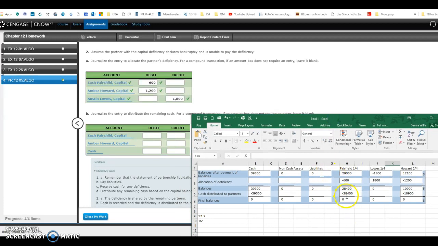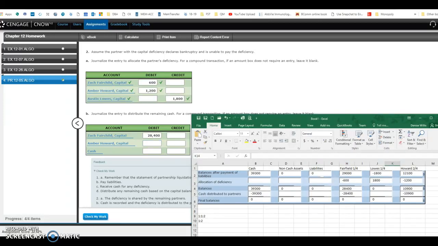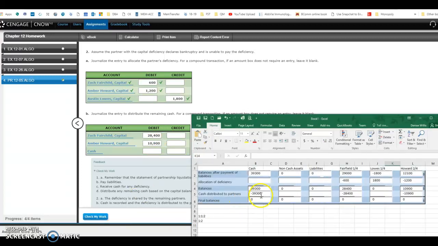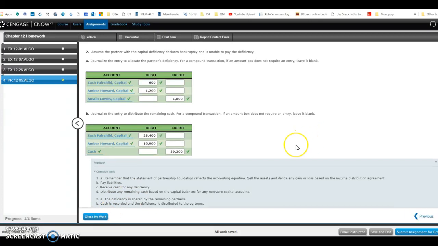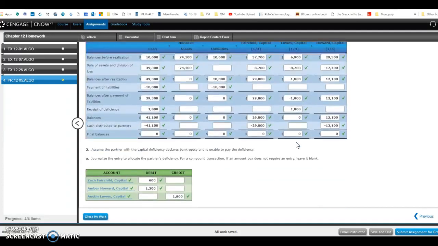So Fairfield is going to get 28.4, and Howard is going to get 10,900. All together, that is our cash of 39.3. Okay, check our work. And we can be happy now. We have finished all of this problem.